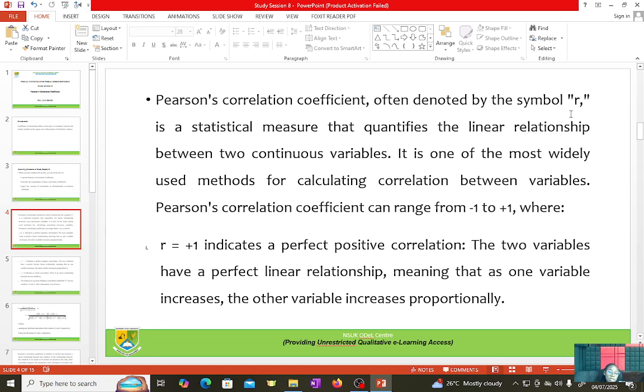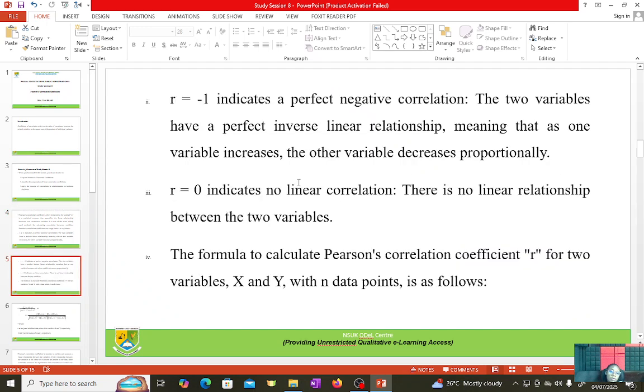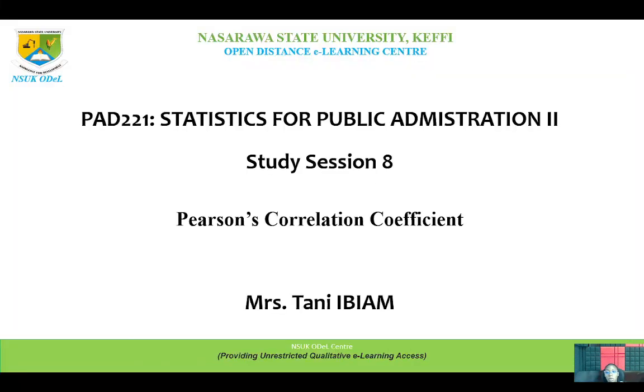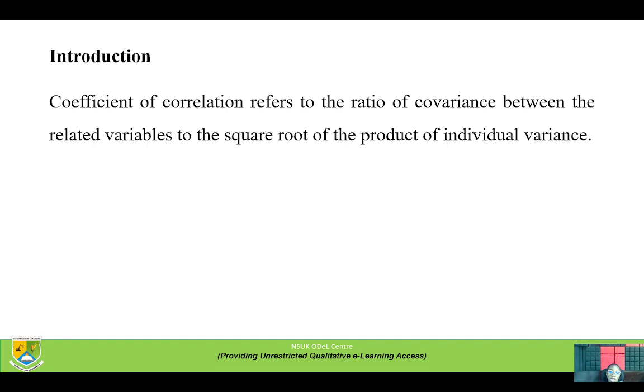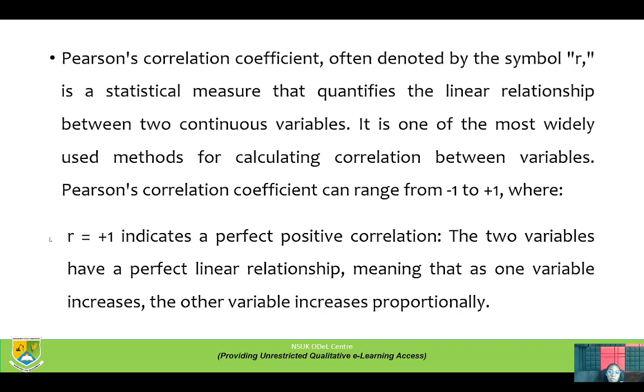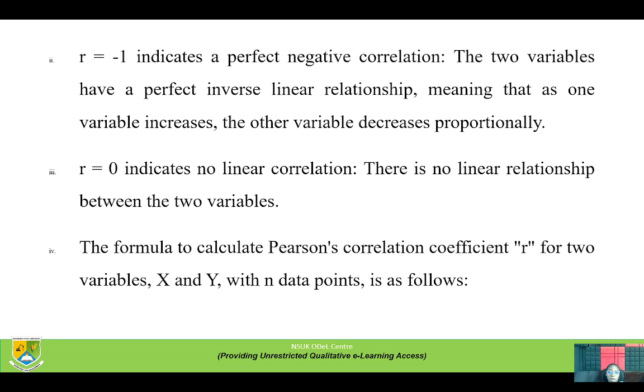and as discussed in our previous session, +1 indicates perfect positive correlation, which means the two variables are increasing proportionally. -1 indicates a perfect negative correlation, which means as one variable is increasing, the other variable is decreasing proportionally.